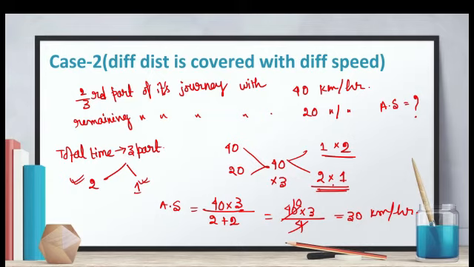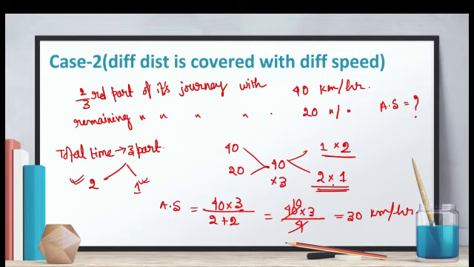As usual, we have taken the LCM of 40 and 20, which is 40, and then we divide this unit distance with speed 40 and 20. Then we have got this 1 and 2. Now, if we assume the total time is 3 part, so first 2 part of its journey it moves with 40 km per hour.